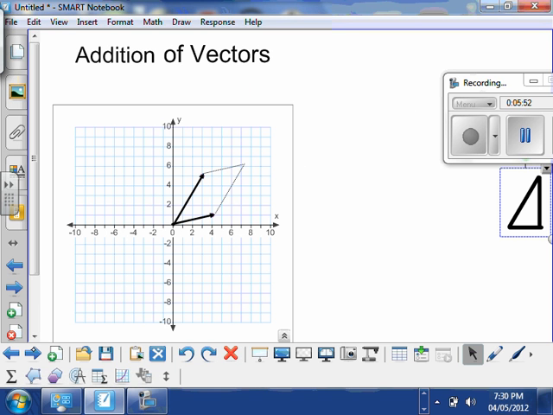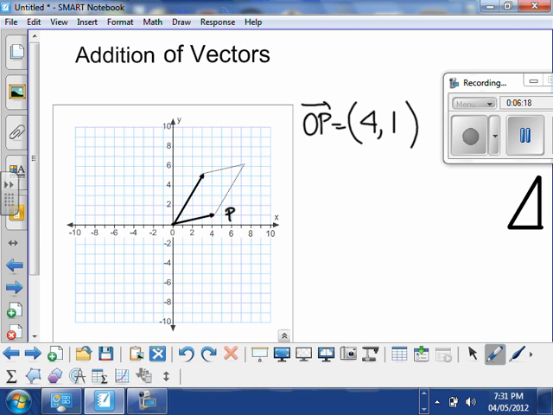Okay, let's see why I needed to go through all this trouble. The reason is I want to add vectors. What we have right here on the board, we have two vectors, vector OP, point P right there, that is x-coordinate is 4, the y-coordinate is 1, and vector OR, x-coordinate is 3, I believe, yes, and the y-coordinate is 5, 3 and 5.